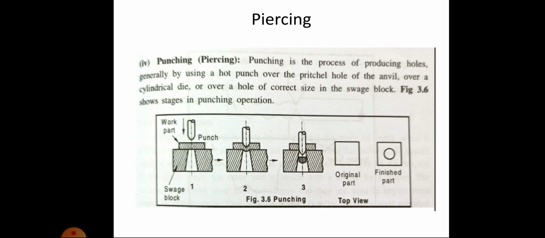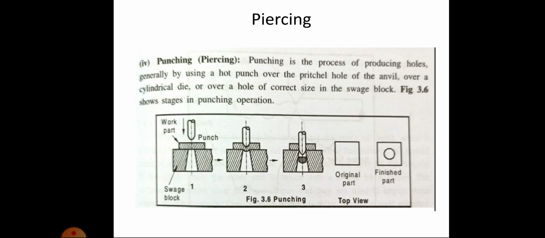Next one is piercing. Piercing and punching are both similar operations. Punching is the process of producing holes generally by using a hot punch over the hole of the anvil, over a cylindrical die, or over a hole of correct size in the swage block.